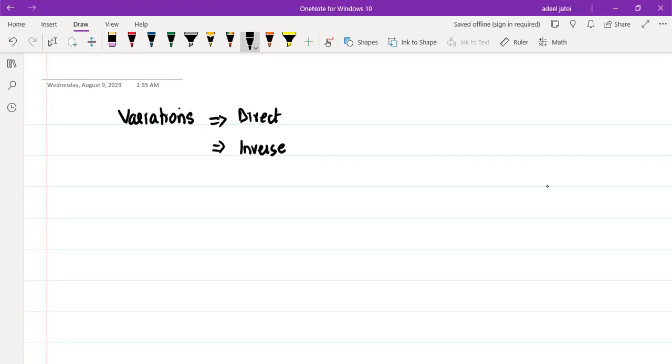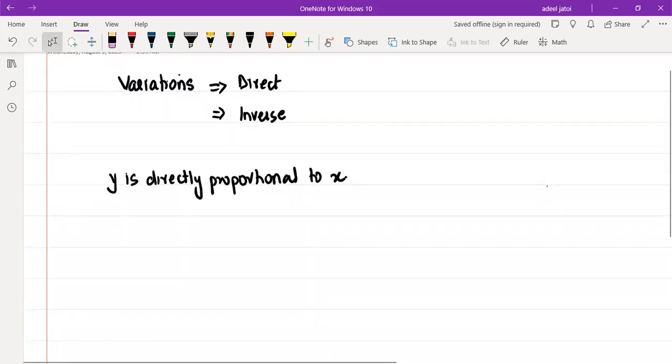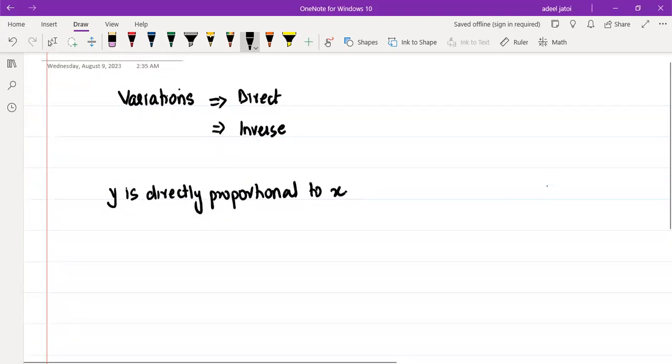Considering the fact that now let's say that we have y is directly proportional to x. So one thing that is very sure is that whenever it says y is directly proportional to x, you need to create a formula, and the formula will be y is equal to kx.